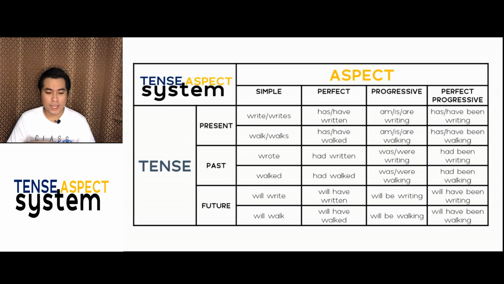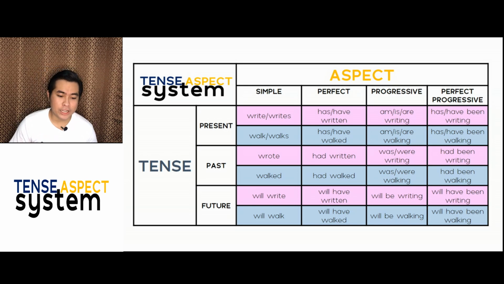It does not actually talk about time, but it talks about the structure of the action that occurs at any time. Let's have the pink ones as your irregular verbs, and the blue ones highlighted are your regular verbs. So you will see their form.